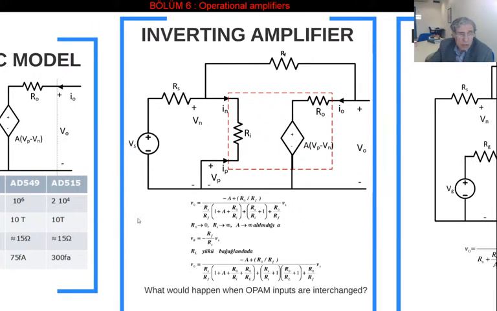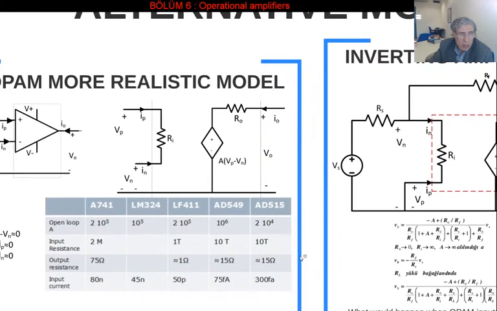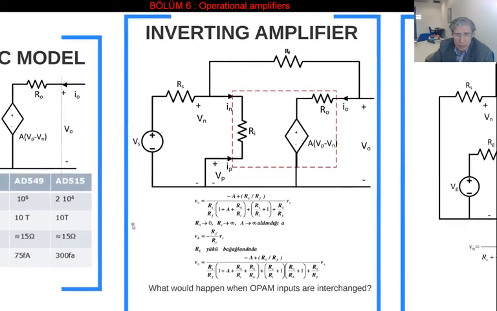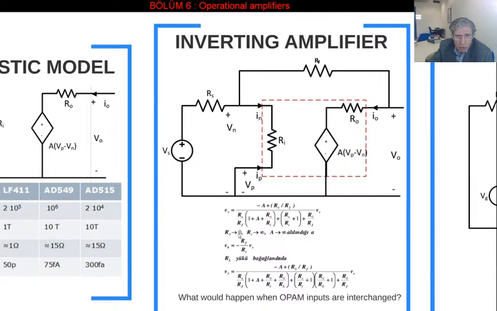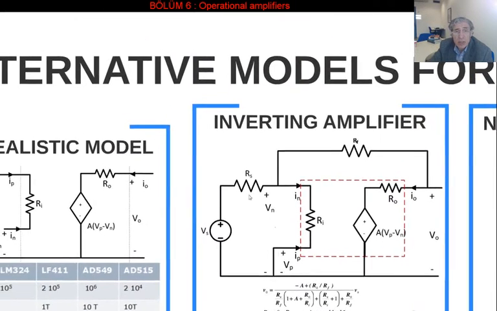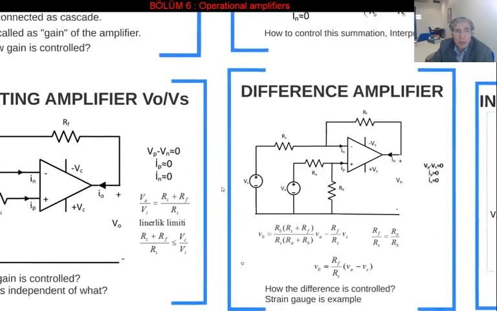So we have seen on the previous frame that the A value is very high, the input resistance is very high, and the output resistance is very small. That means Ro is equal to 0, Ri goes to infinity, and A goes to infinity. If you replace all this in this equation, you end up with that result. That result is the same as the one you get using the definition relation of the ideal operational amplifier.